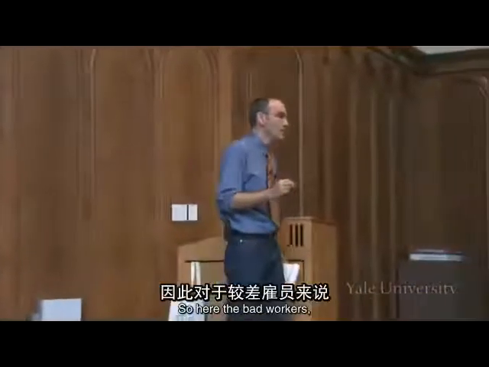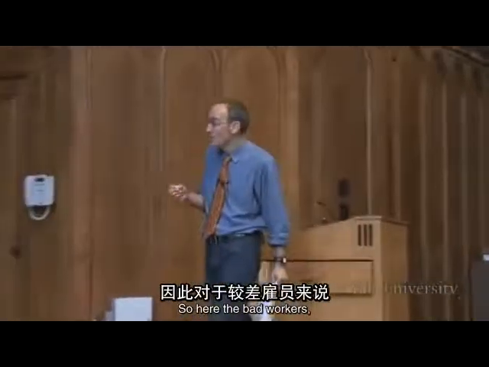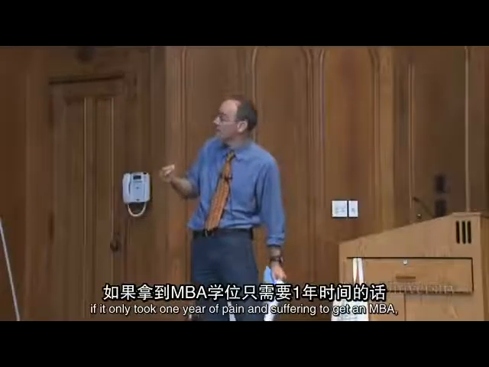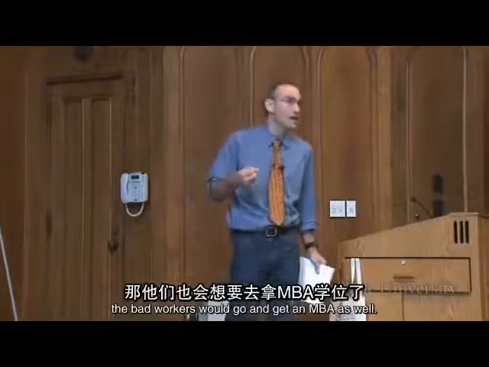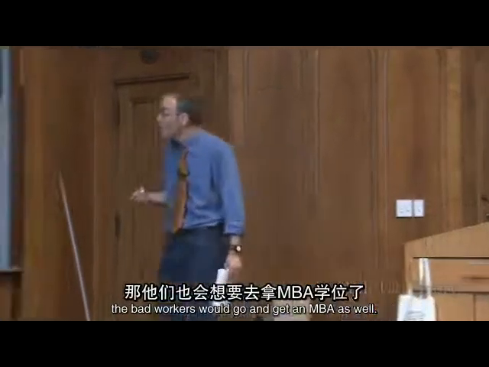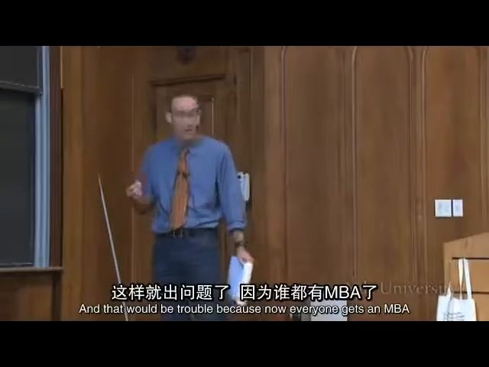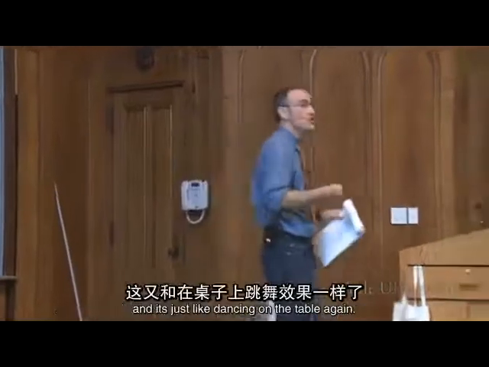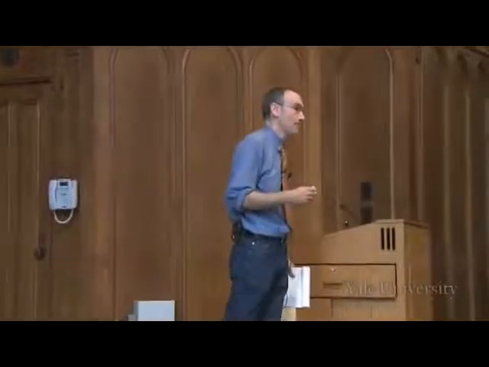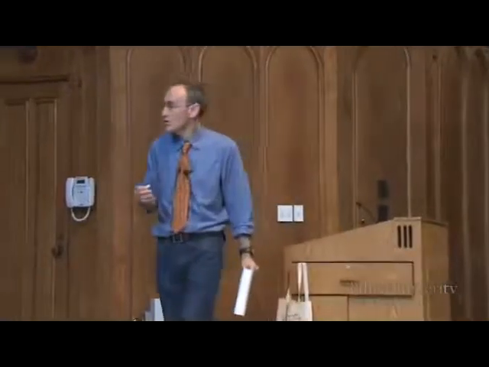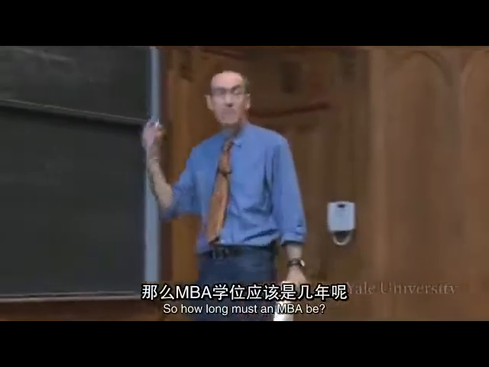Everyone see that? So here, if it only took 1 year of pain and suffering to get an MBA, the bad workers would go and get an MBA as well, and that would be trouble, because now everyone gets an MBA, and it's just like dancing on the table again. All right? So, how long must an MBA be?